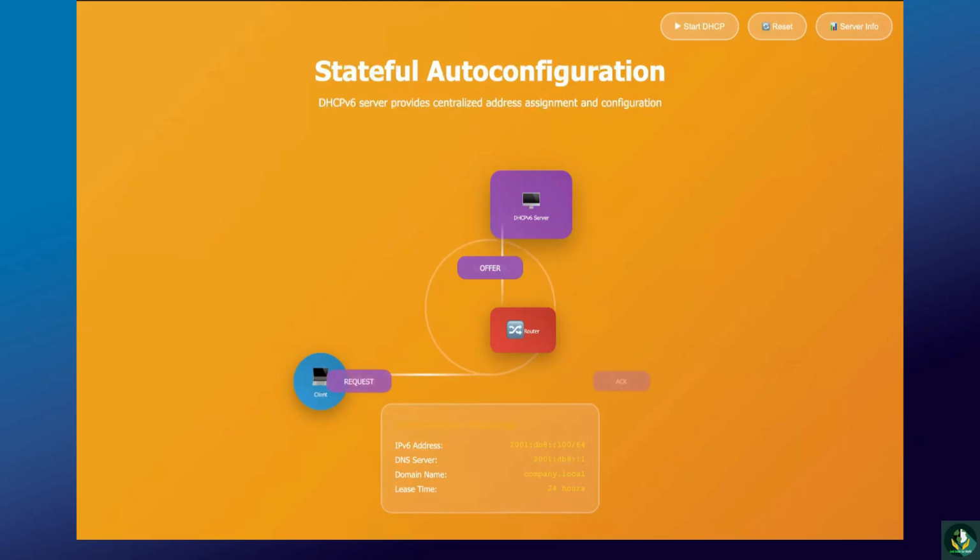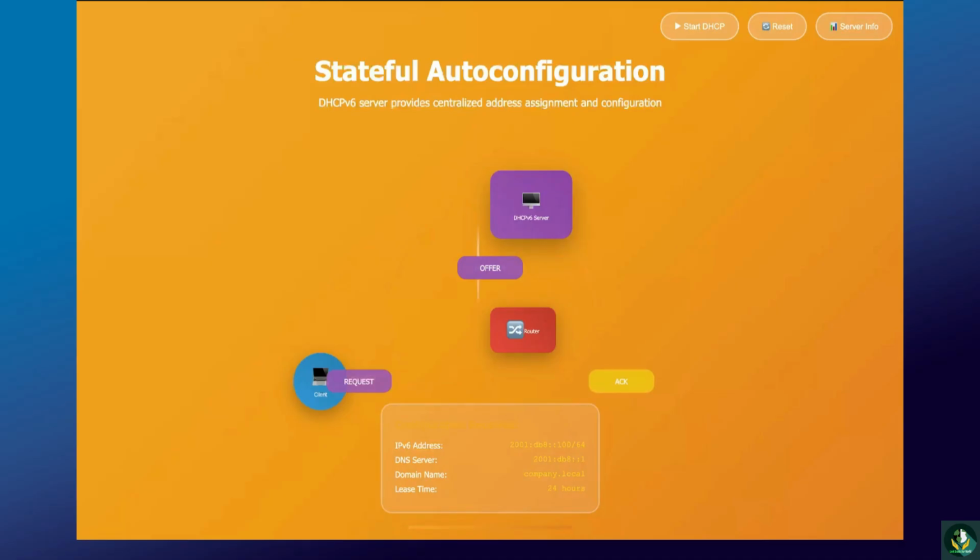Then we've got stateful autoconfiguration. The second type of IPv6 autoconfiguration is stateful autoconfiguration, which relies on a DHCP version 6 server to assign IPv6 addresses and other configuration parameters. Let's take a look at how it works.